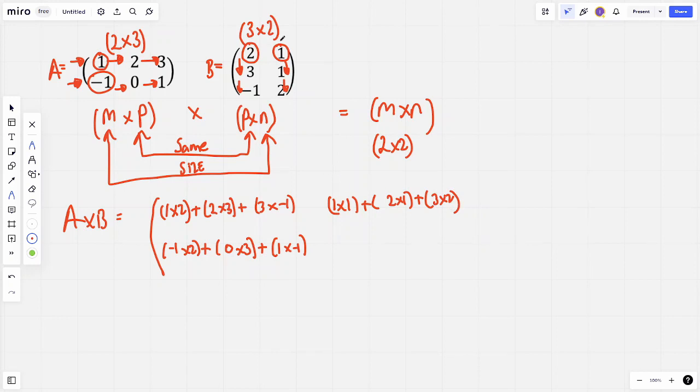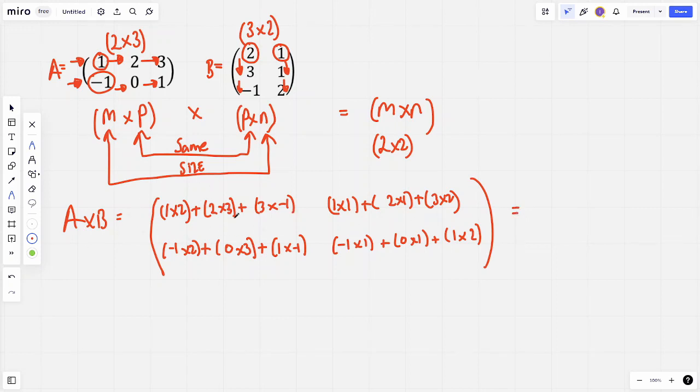And again we stay on the same column and we move down to the final row, so that's going to be minus 1 times 1, plus we move to the right on matrix A, which is 0, and we move down by 1 on matrix B, times 1, plus move to the right on matrix A, which is 1, and we move finally down on matrix B, which is times 2, and that equals our final.